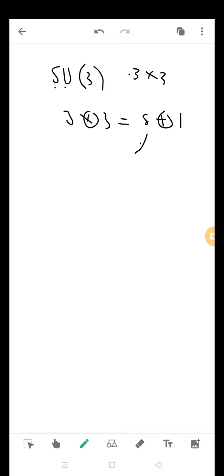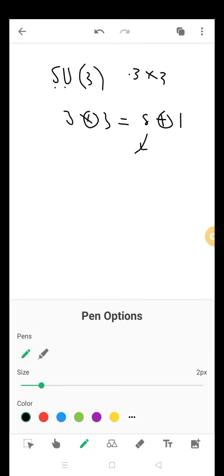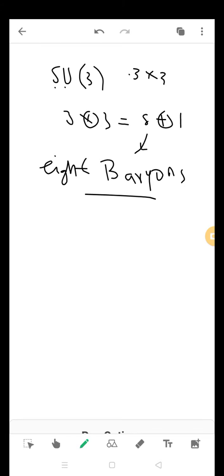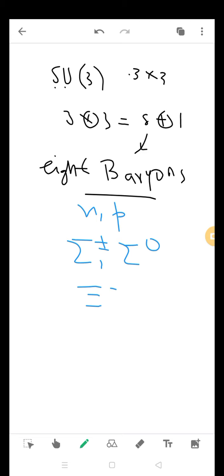This 8 means the 8 baryons: neutron, proton, sigma plus minus, sigma 0, psi minus and psi 0, and lambda.